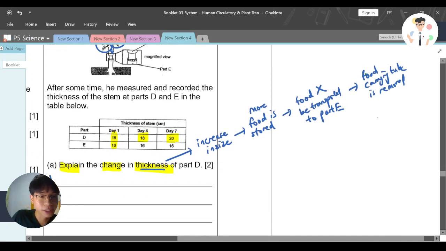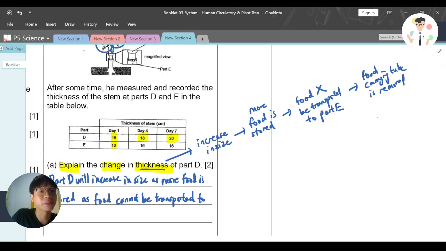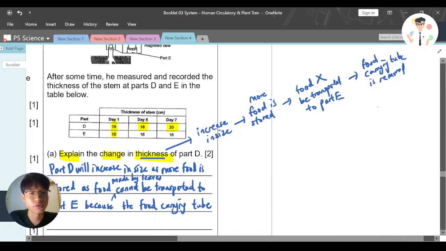Part D will increase in size as more food is stored, as food made by leaves cannot be transported to part E because the food carrying tube is removed.